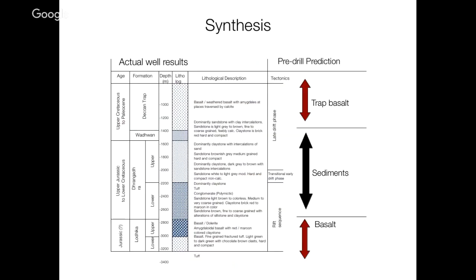And this is kind of what they got. Prior to doing the drill hole, they had interpreted that, okay, there should be an upper region of basalt going down to about 1.5 kilometers, then another 1.5 kilometers of sediments, and then more basalt. That's what they got from a really simple inversion analysis. So they drilled, and this was the result that they obtained.